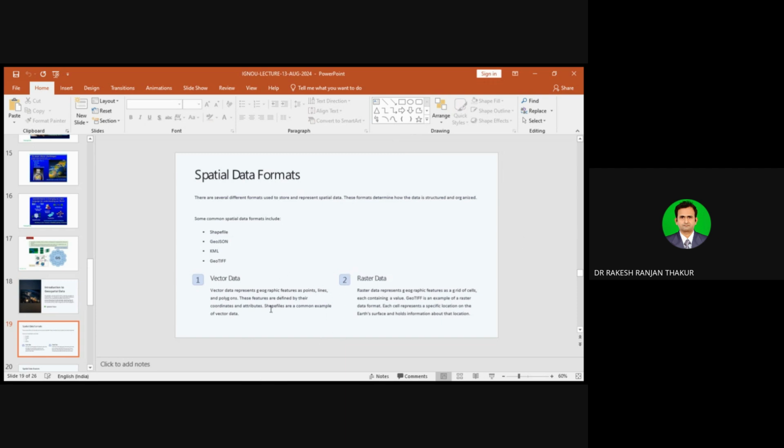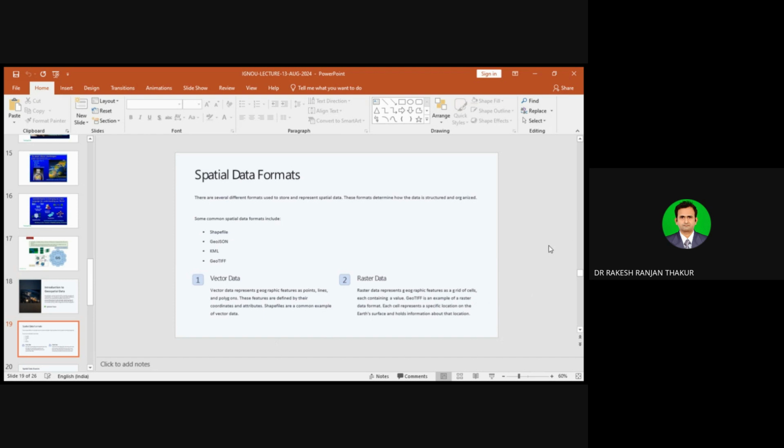As earlier I was talking about the different data sets, like raster data. Raster data, like any image, that is an example of raster data. In raster data there is a grid of cells, each containing a value, whatever cell is there, whatever pixel is there. What is an image?